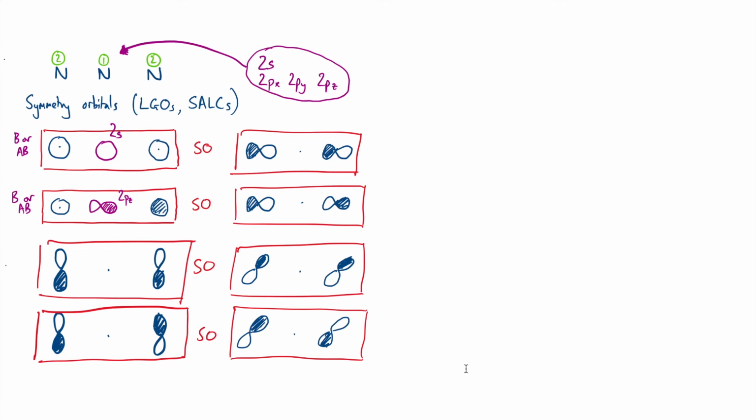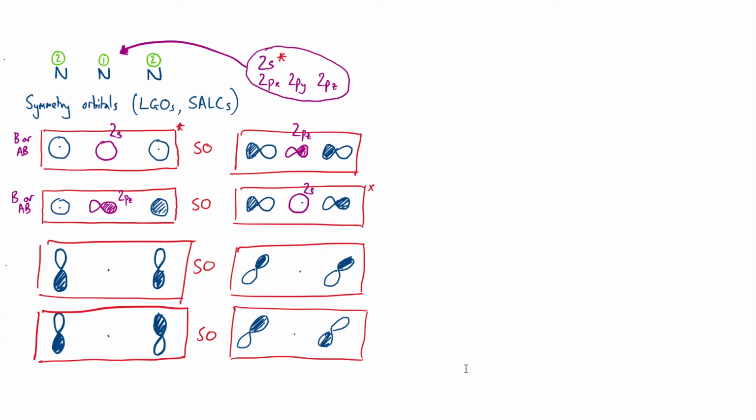Where this might get a little bit tricky is that on the right-hand side, there is actually another orbital that can combine with the 2s, which is this one here. And indeed, there's another one that can combine with the 2pz, which is up here. So we're going to need to factor in that our 2s orbital, for example, just to put a star by it here, can combine both with this symmetry orbital and with this one.